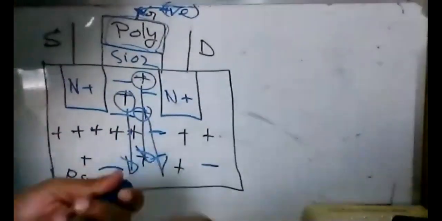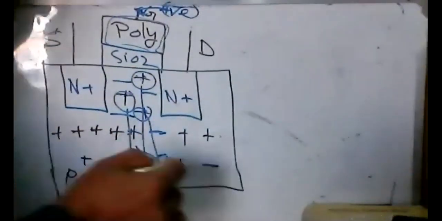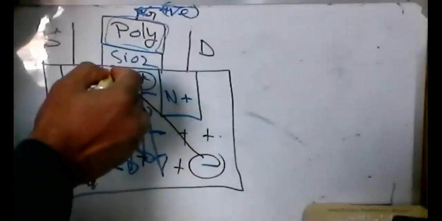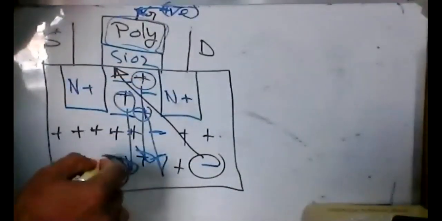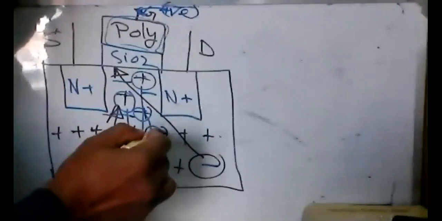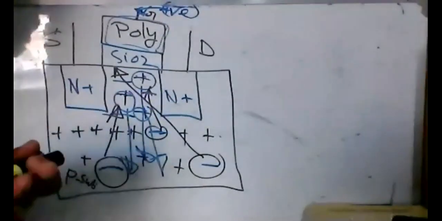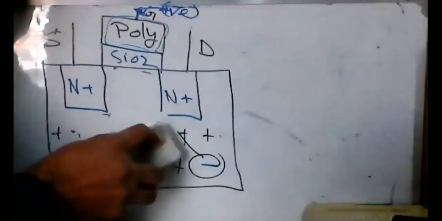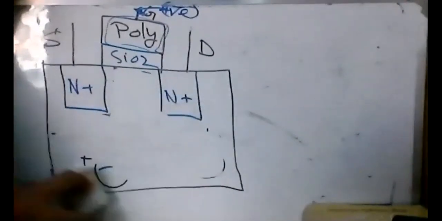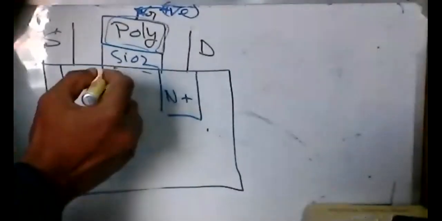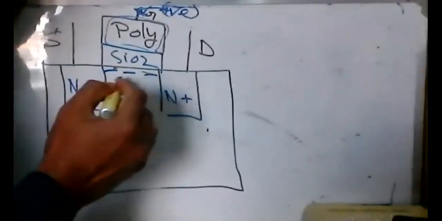And what happened to the negative? The electrons will be moving up, and the holes will be moving down. Ultimately, electrons will be aligned here.